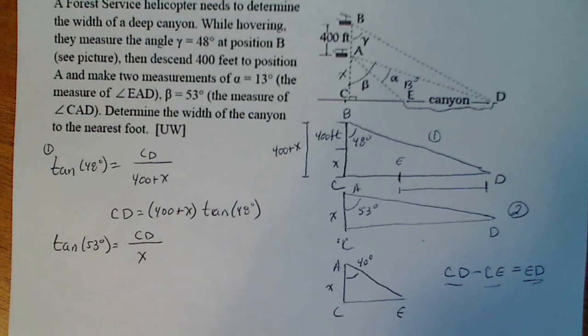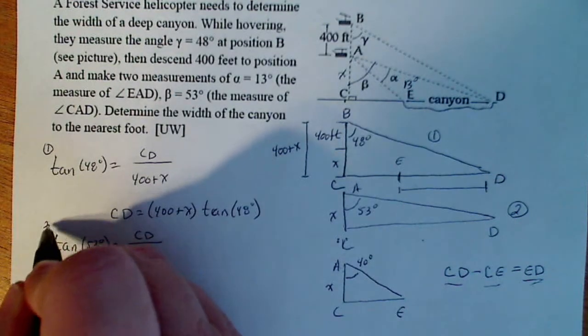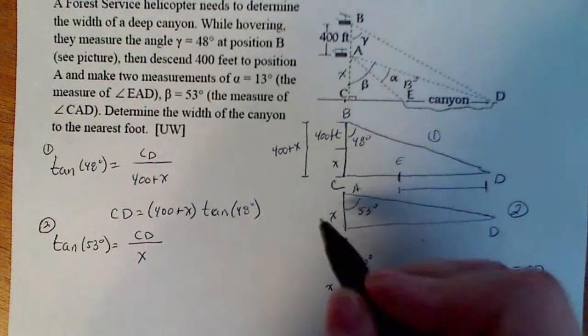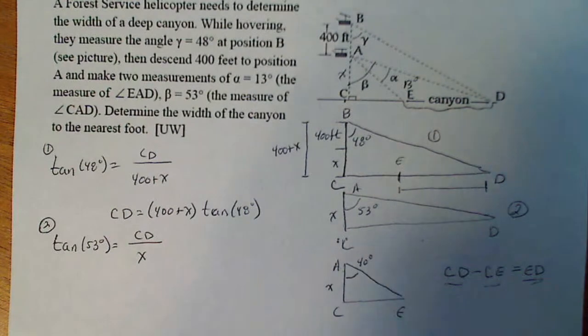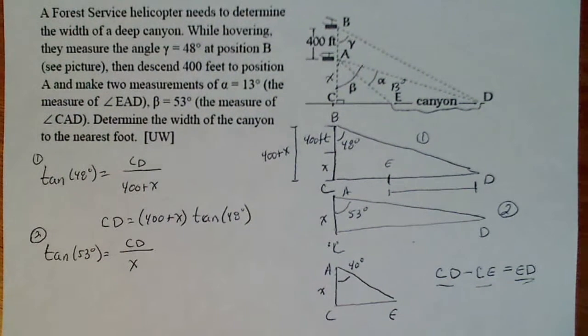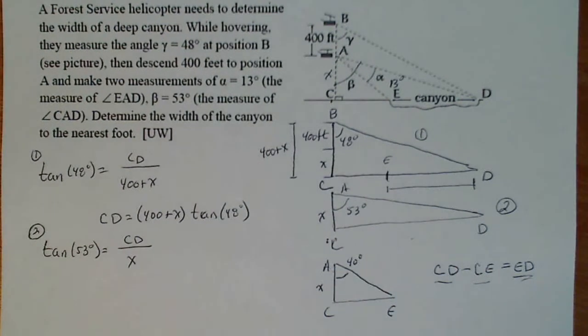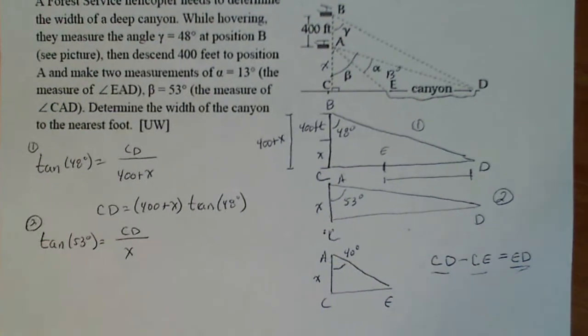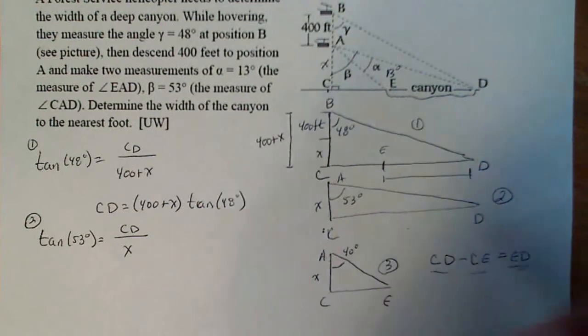Look at that. I'm just going to leave it like that for now. I may or may not solve for CD. I'm not real sure. I'm just working through the problem just like you would work through the problem. Actually, I am sure I do know how to do this, but I'm kind of trying to help you think through it. But then in this last triangle 3, I'm going to do the same thing.